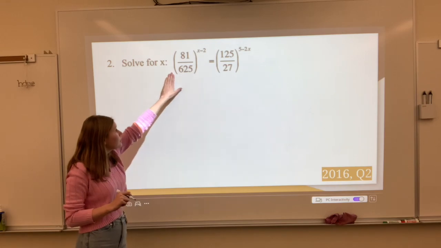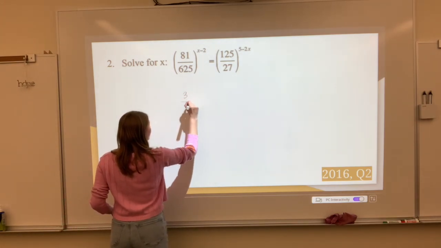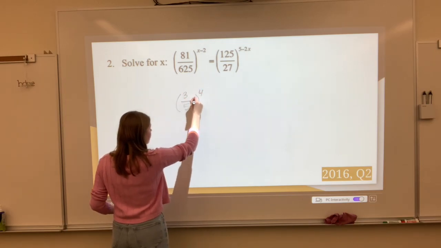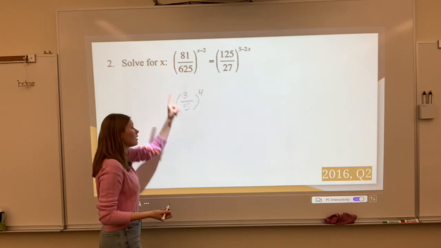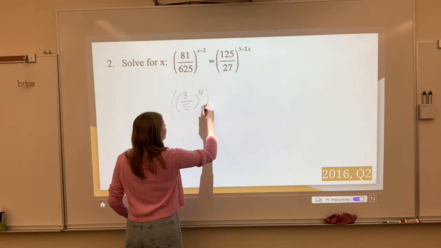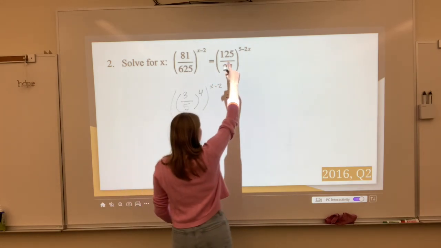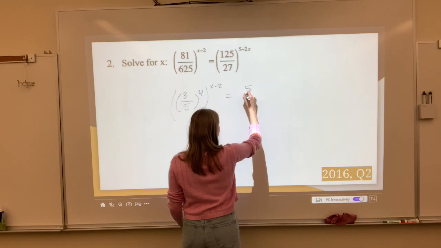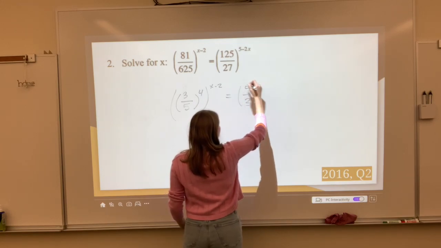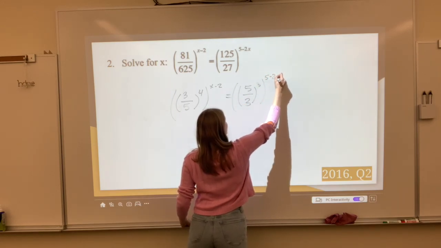We can write 81 over 625 as 3 over 5 to the 4th, because if you split that up, 3 to the 4th is 81, 5 to the 4th is 625. Let's not forget our exponent, x minus 2. The same thing over here: I'm going to rewrite this as 5 over 3 raised to the 3rd, raised to our 5 minus 2x.